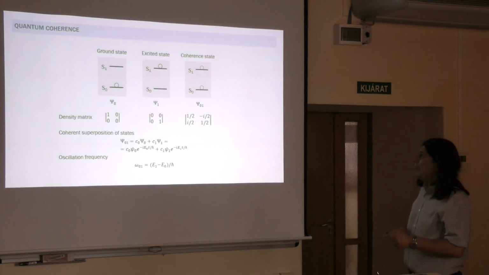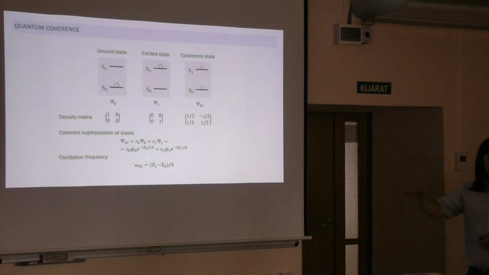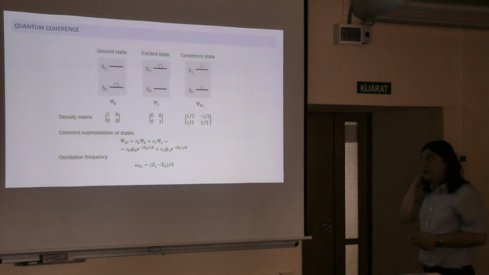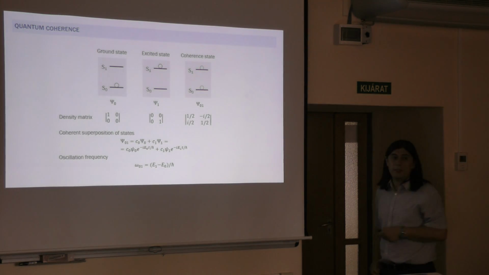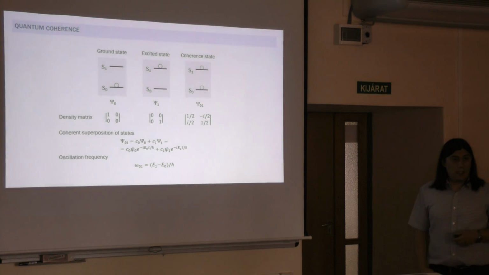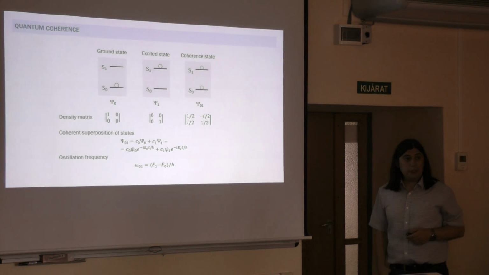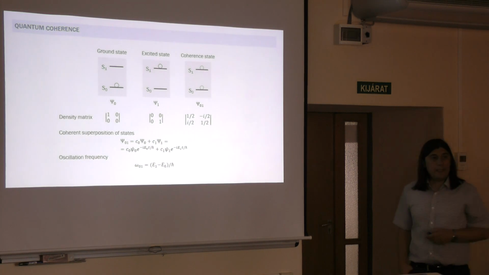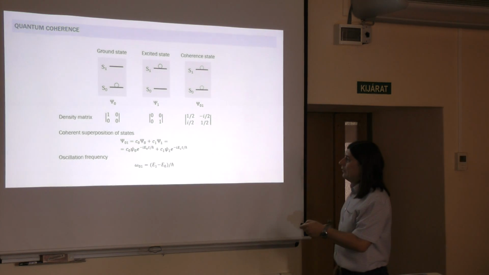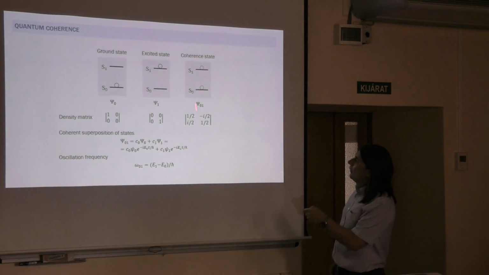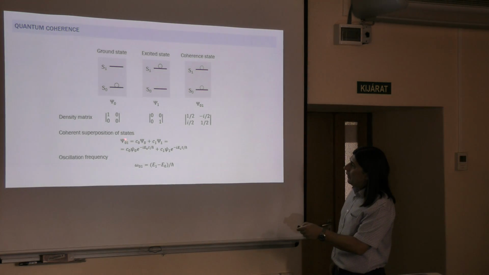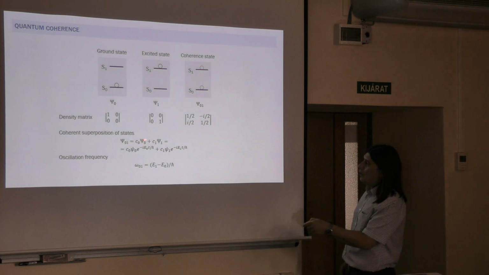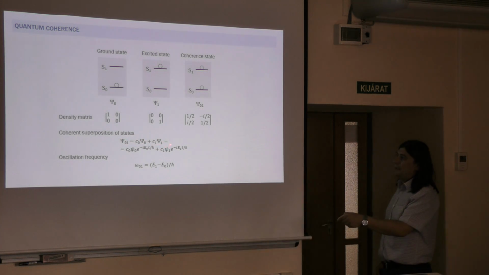We know that in the eigenstates, anything that you measure is stationary in time, right? But in coherent superposition states, you can find observables, for example energy, which are not stationary but fluctuate or oscillate. And they oscillate with this term because the coherent superposition here is a wave function that is a linear combination of the ground and excited state.